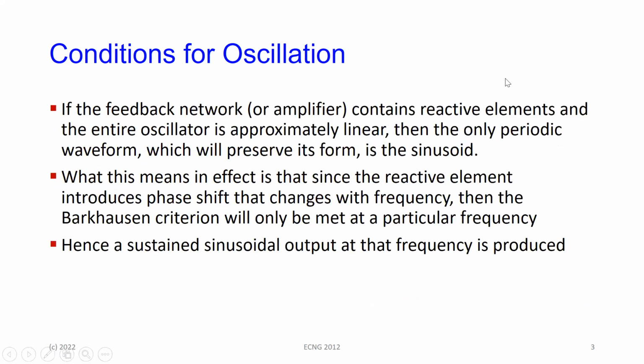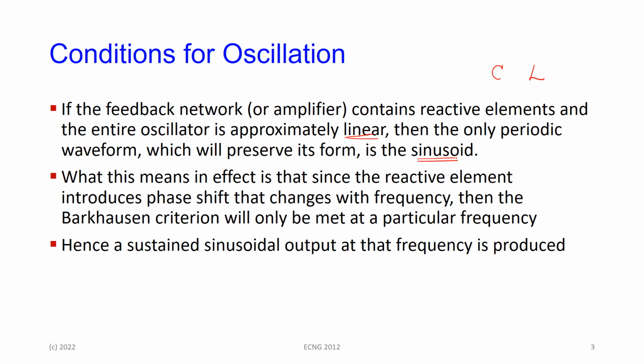So this is just mathematics, and we're not going to get into it here. But if the system contains reactive elements, meaning capacitor or inductor, and the oscillator is operating linearly, remember we spoke about linear time invariant systems before, the only type of signal that you can get out of this kind of feedback network is going to be a sinusoid.